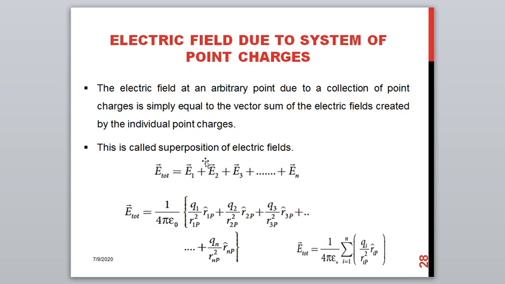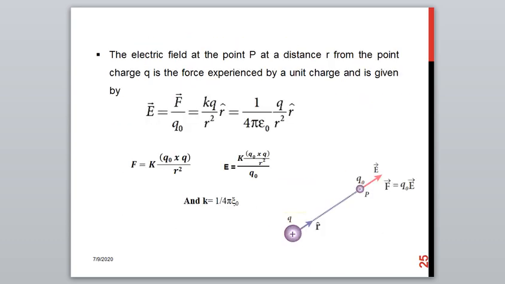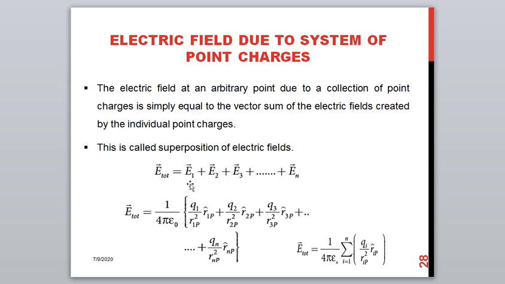We know the electric field formula E is equal to F by q naught. Substituting F, the q naught gets cancelled, and we get K Q by R square into R cap. As R is a vector quantity, you represent it with the unit vector, R cap. So E is equal to K into Q by R square. Now I have 1, 2, 3 and n number of charges, and I am going to calculate the total electric field.